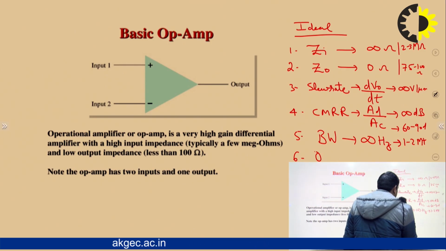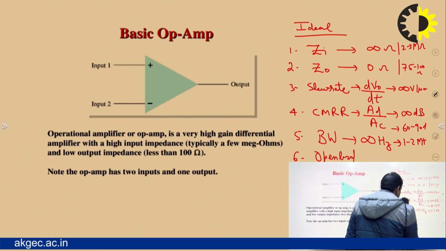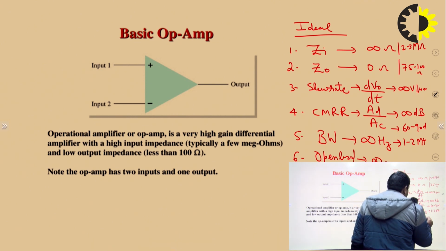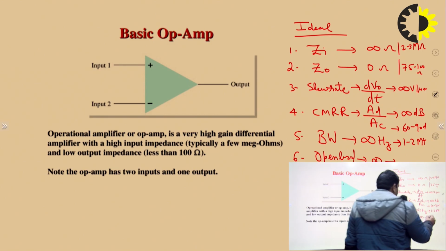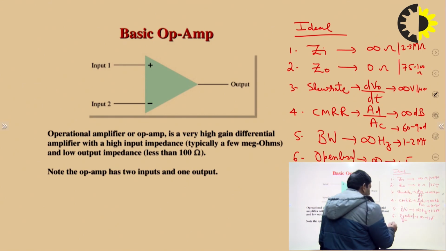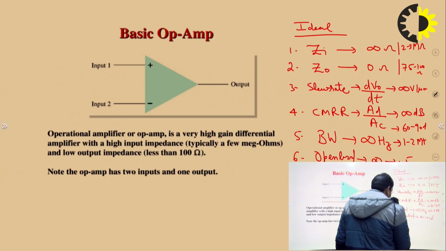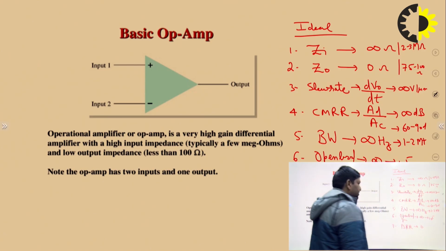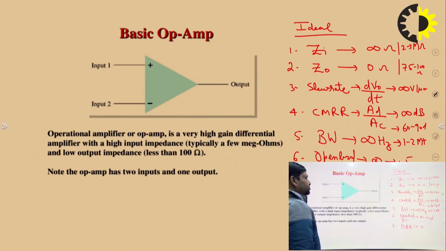The open loop gain of an ideal op-amp should be infinite, but in practical application it is 10 to the power 5. And the seventh one is PSRR, the power supply rejection ratio. For an ideal op-amp, the power supply rejection ratio should be 0.